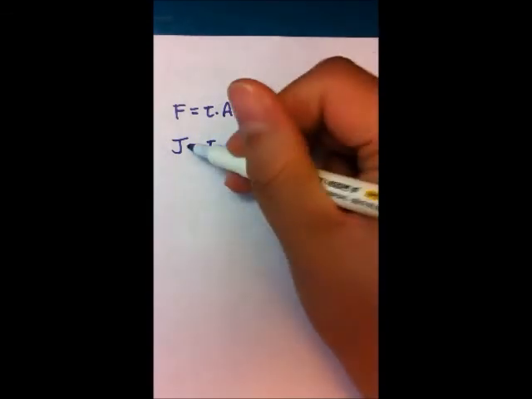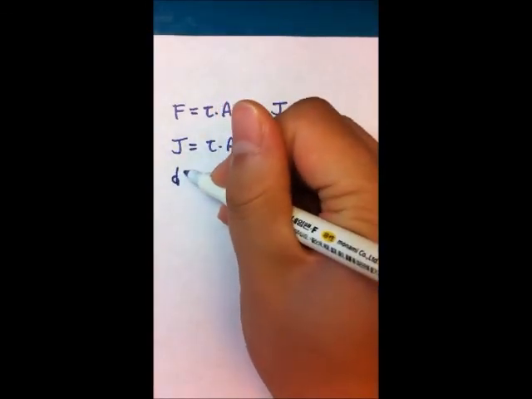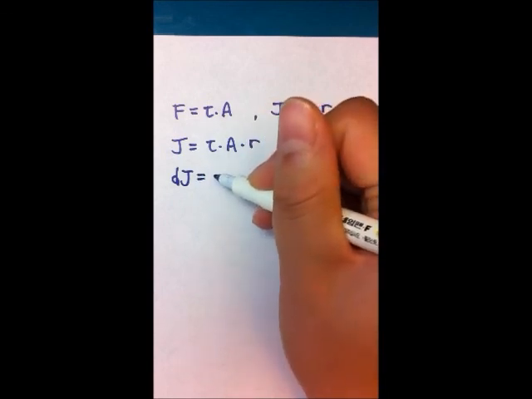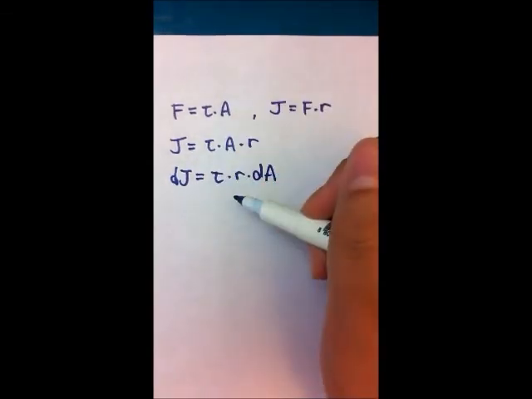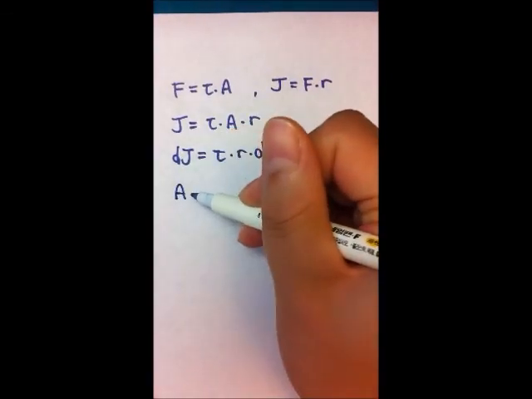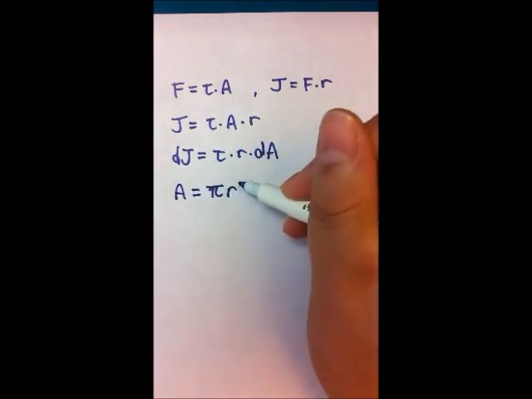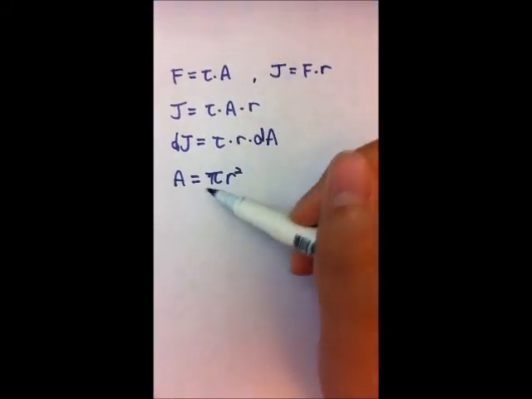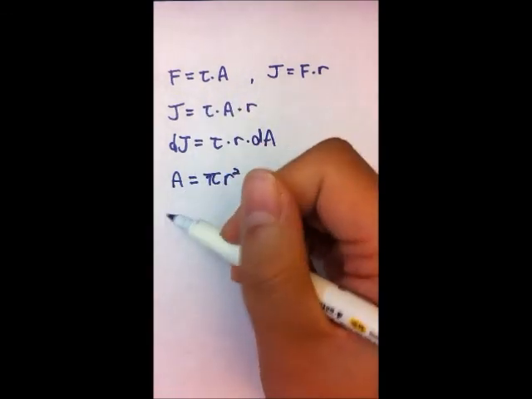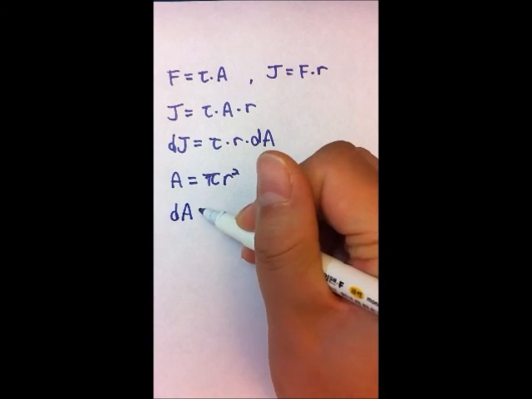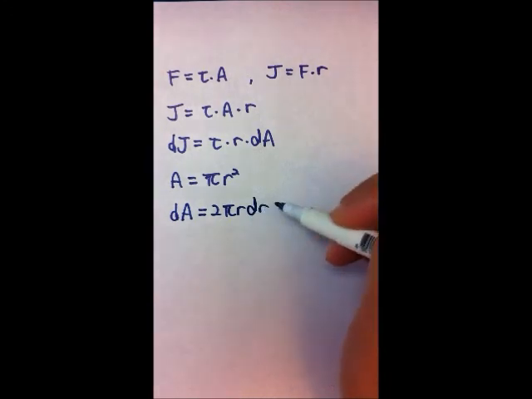Now we differentiate torque with respect to the area, then we have dT is equal to tau r dA, and the area A is simply pi r squared, and we differentiate the area with respect to r this time, then we have dA is equal to 2 pi r dr.